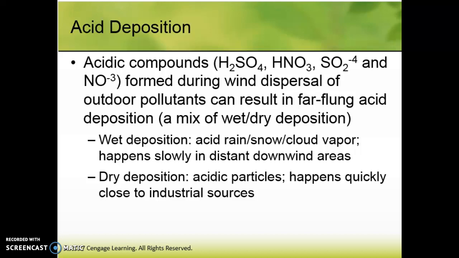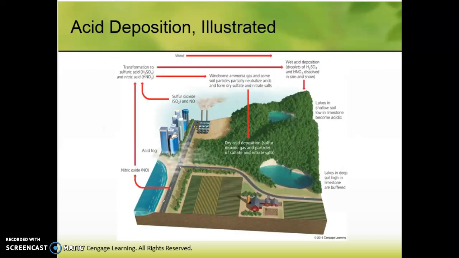It might be acid snow, or it could be dry deposition, where the acidic particles physically fall themselves. Again, it's going to be acidic components that either are emitted or can combine with water in the air and can be spread over a long distance.